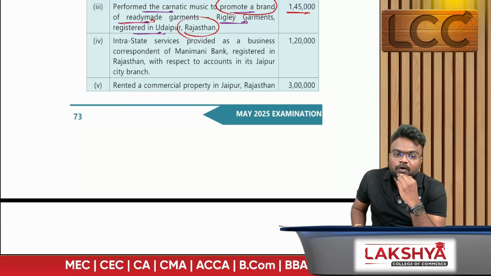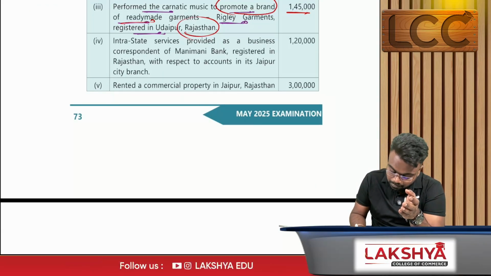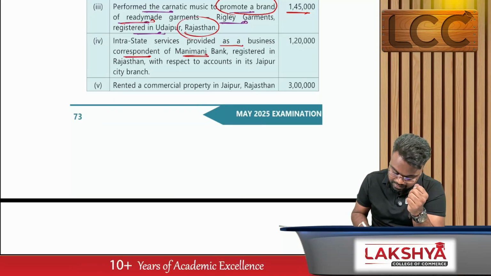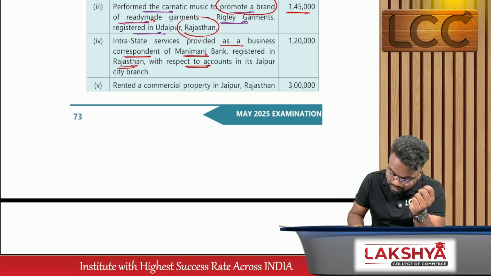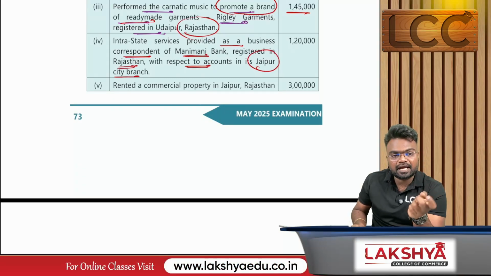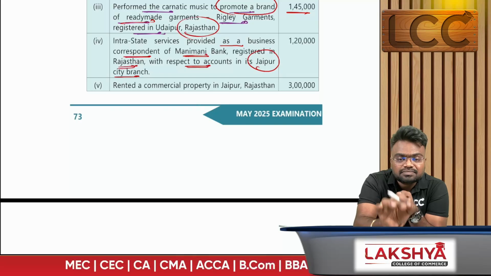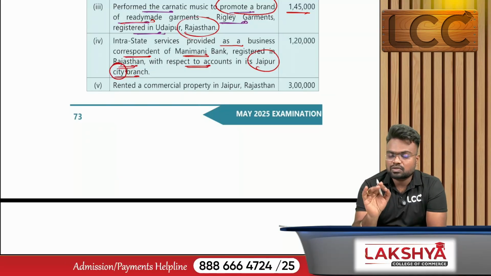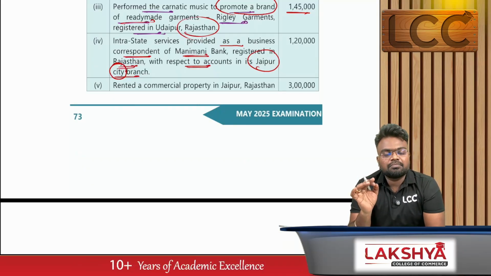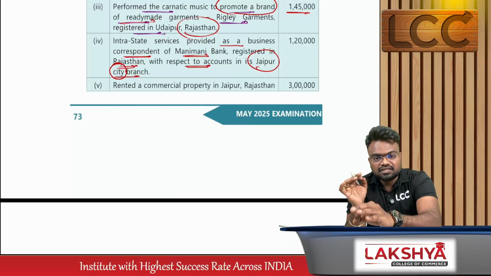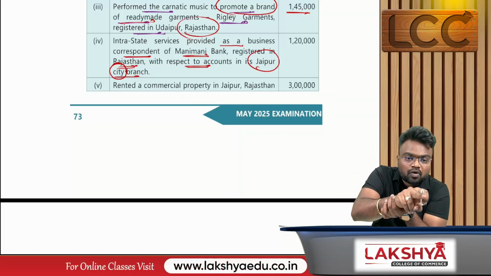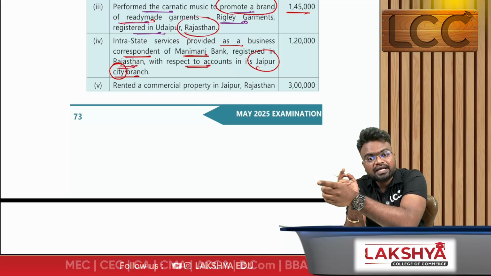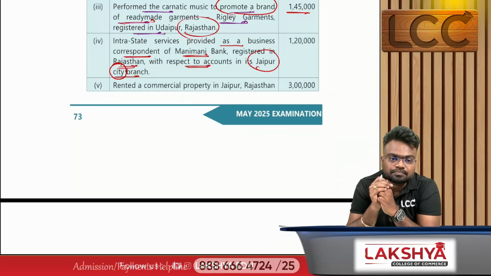Next one, what is the fourth point? Intra-state service provided as a business correspondent of Money Bank registered in Rajasthan with respect to accounts in its Jaipur city branch. If at all that is a rural branch, that is exempted. But in the given case, it is with respect to city branch, so no exemption is available. And remember, for any service provided by a business correspondent to a bank, FCM is applicable.